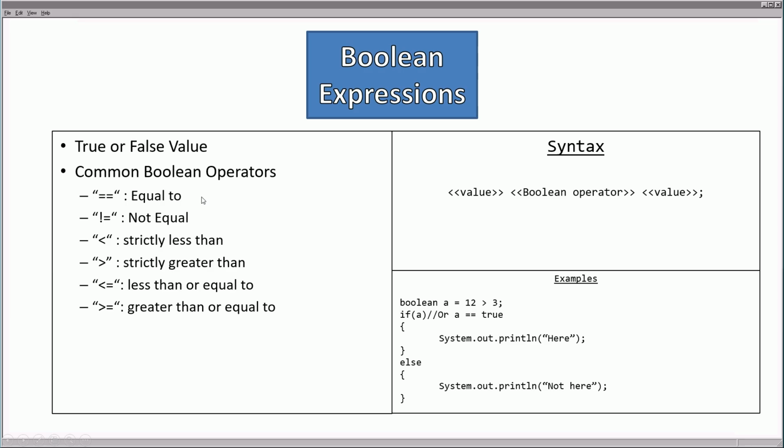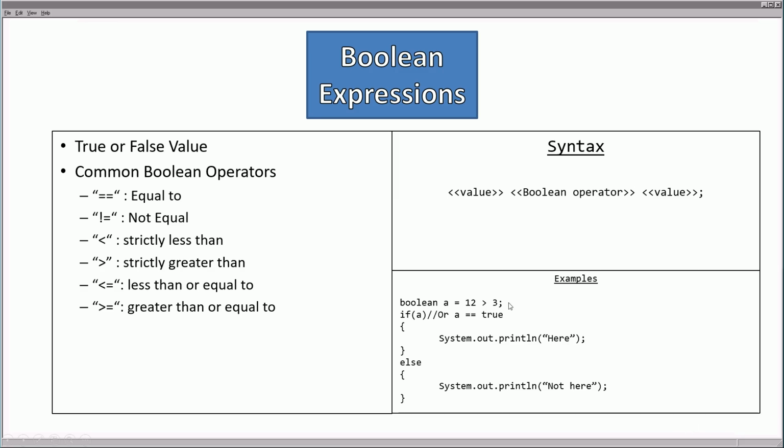Now remember, the assignment operator is a single equals, which means store the right-hand side into the left-hand side. But this equal to indicates that both the left-hand side is equal to the right-hand side. In addition to that, we also have not equals, strictly less than, strictly greater than, less than or equal to, and greater than or equal to.